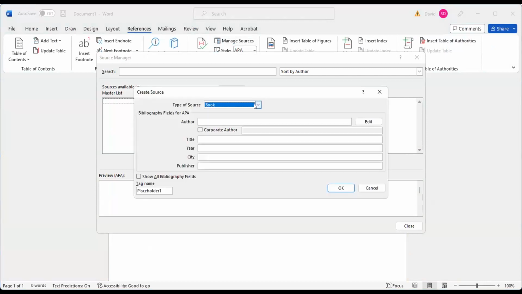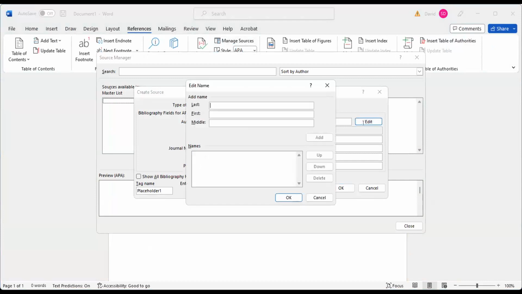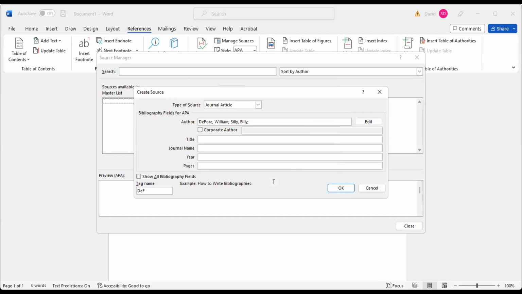Click New. If it's a journal article, go to Journal Article. Where it says Authors, click Edit. So you put in the last name. You add them. Okay. You have the ability, if you want to swap them back and forth, you can do that. You click OK. You type in the journal article.